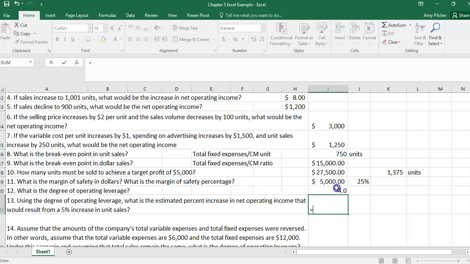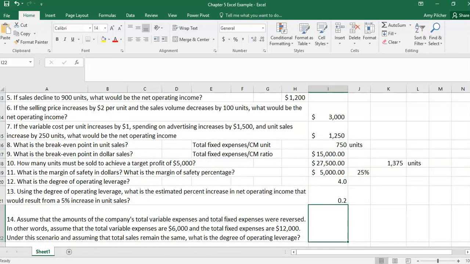So we would take operating leverage times 5%, and that tells us that we would see a 20% increase in net operating income if we saw a 5% increase in sales.